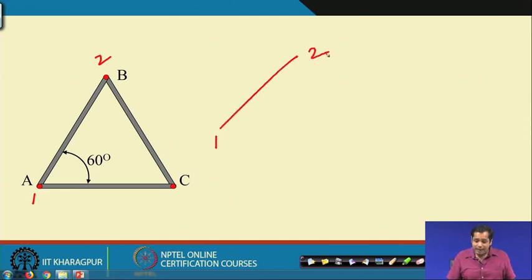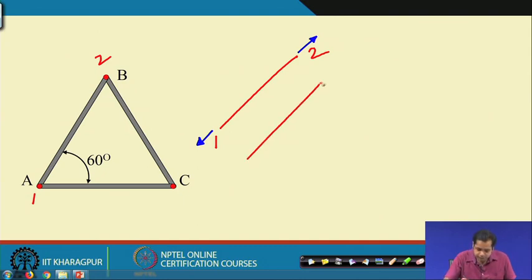Now, we know that truss members are two force members. Two force members means the force is along the longitudinal direction of the member. The truss member is subjected to either axial tension or axial compression.